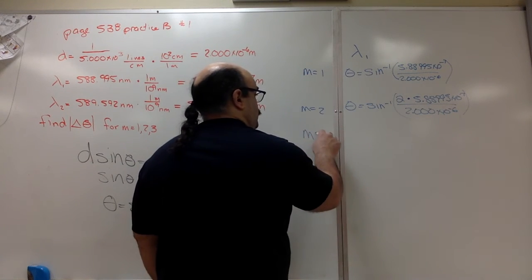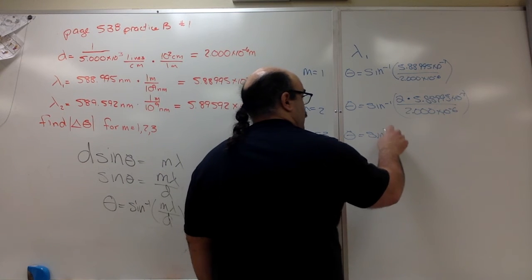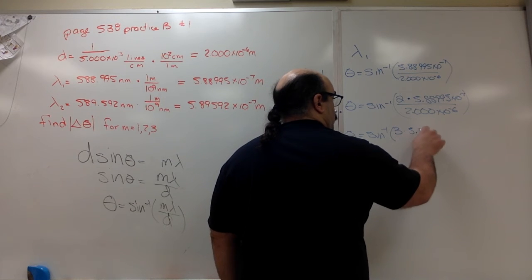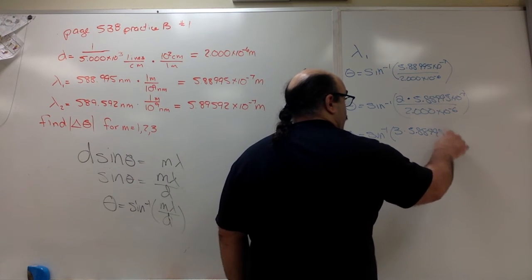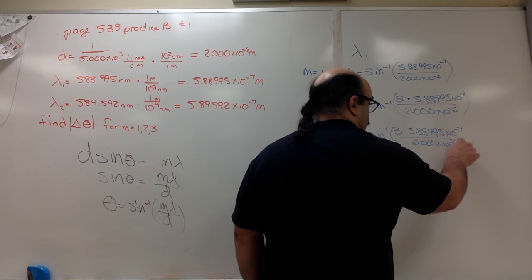And then m equals 3. Theta will simply equal the inverse sine of 3 times 5.88995 times 10 to the negative 7, all over 2.000 times 10 to the negative 6.